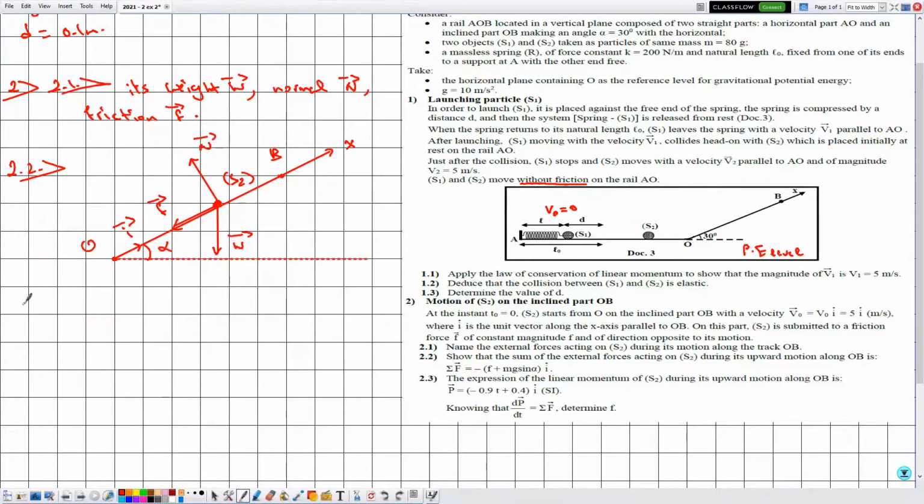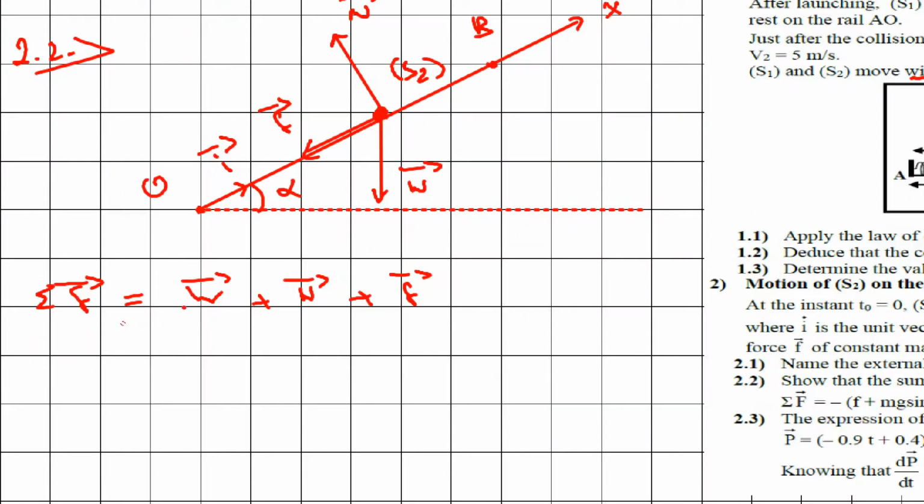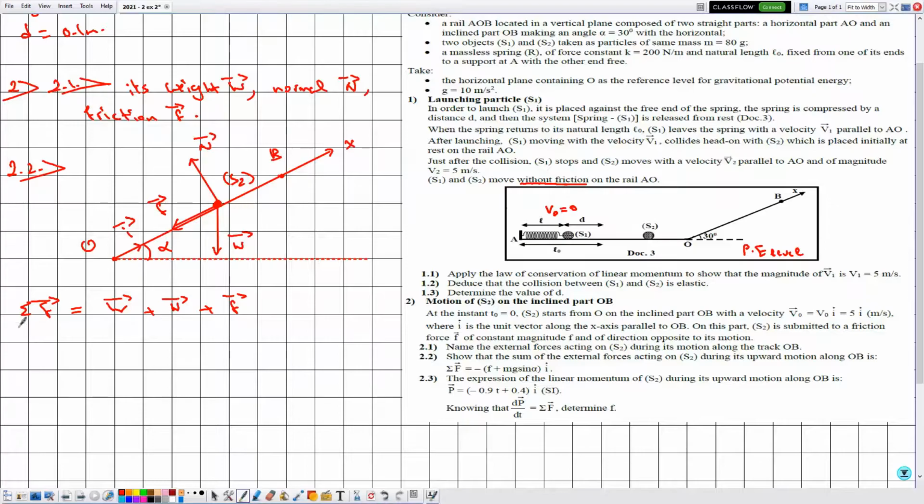Sum of forces is equal to weight plus the normal plus the friction. And now since we need it as a vector quantity, let's decompose it into the x and the y components. Then wx multiplied by the unit vector i plus wy multiplied by the unit vector j plus nx i plus ny j plus fx i plus fy j.